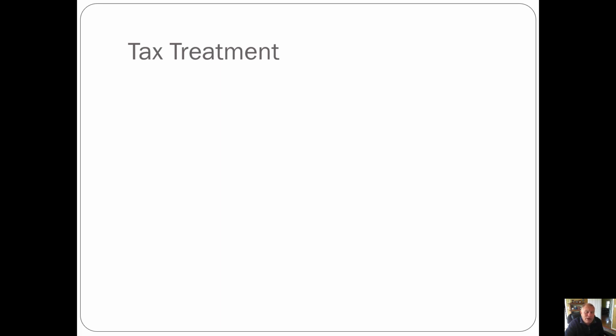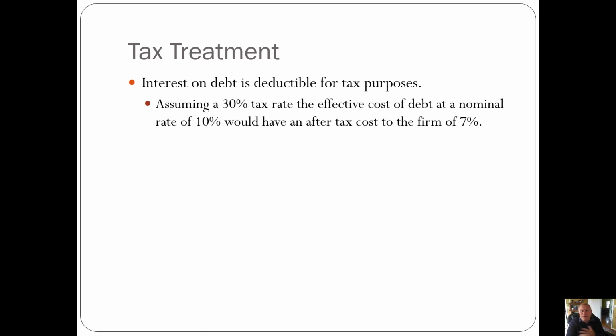Let's take a moment on the tax treatment. Interest on debt is deductible for tax purposes. Therefore, if you're looking at a nominal interest rate, you have to look at what the after-tax impact of that is. Okay? So interest is deductible for tax purposes, reduces taxable income.